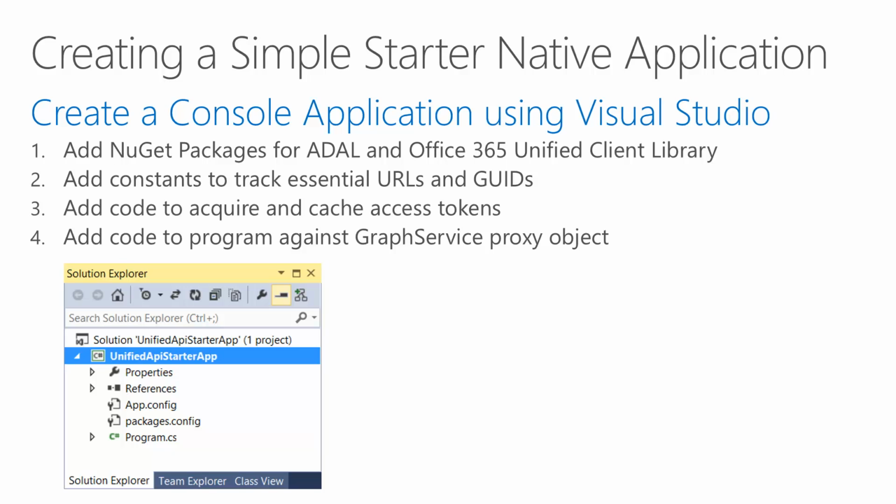Also, you're going to have to create the native client application inside of Azure Active Directory, and then you're going to have to basically copy things like the client ID into the code. But then what we can do is we can program against the unified APIs by using the .NET Client Library and this thing which is called the GraphService proxy.